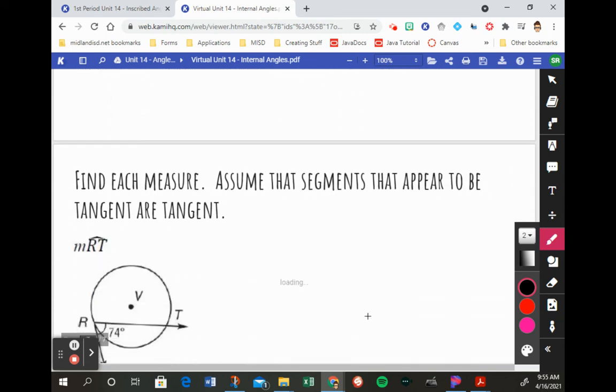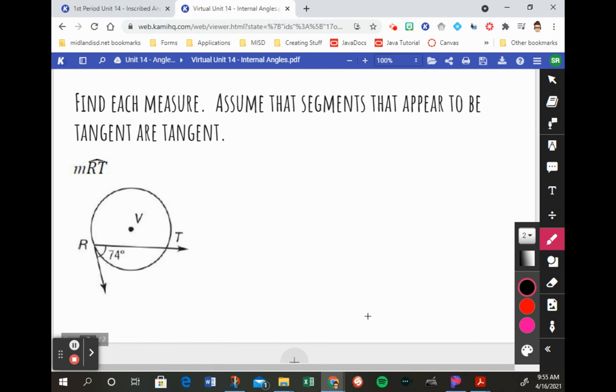All right, so the next one. Find the measure of each angle. So this one, remember, is the angle R is equal to 1/2 the measure of arc RT. So what do I have?